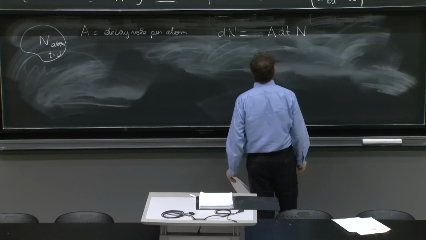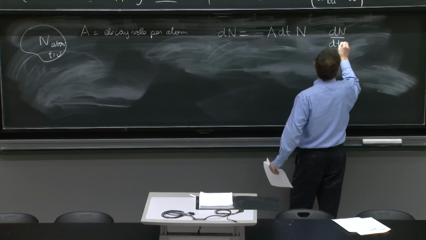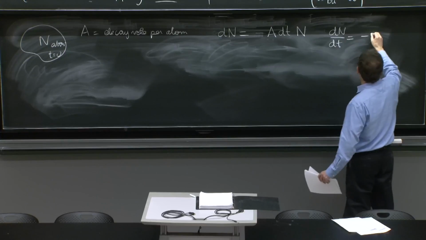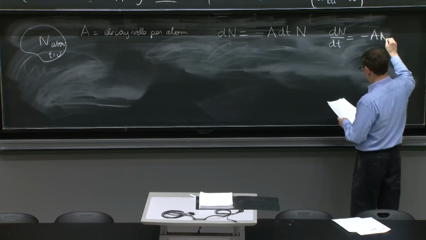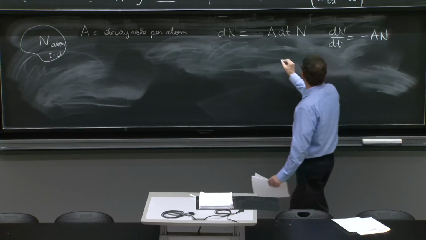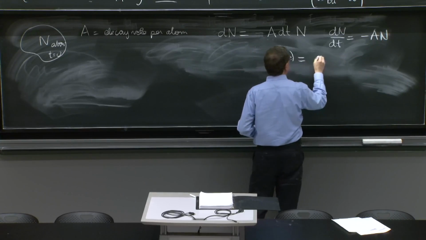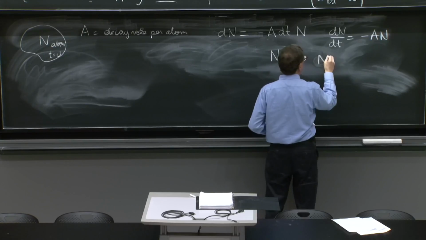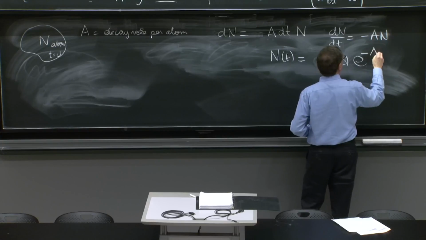So dN/dt is minus A N. And the number of atoms as a function of t goes like N at t equals 0 times e to the minus A t.